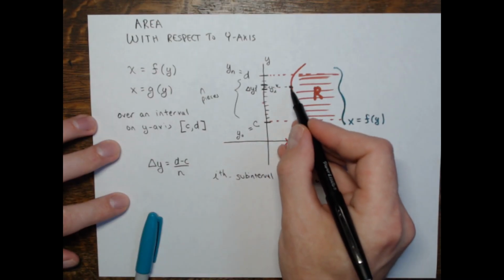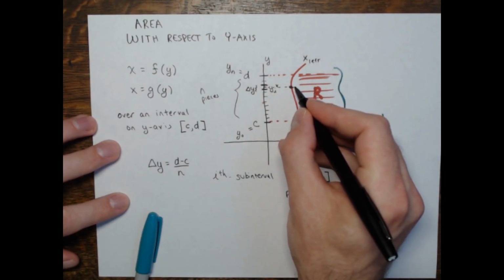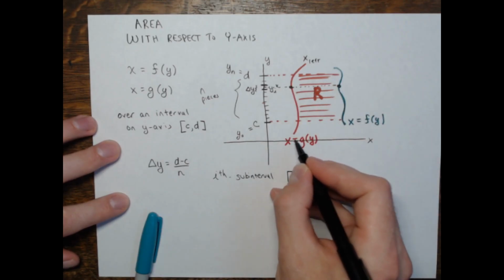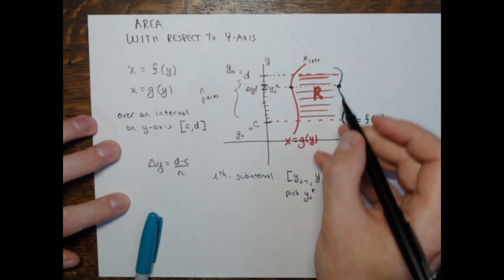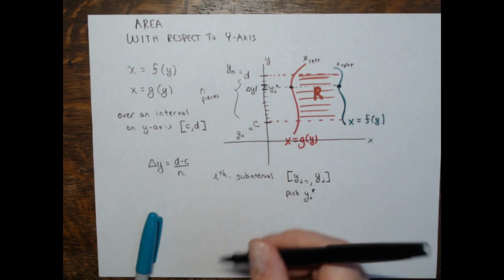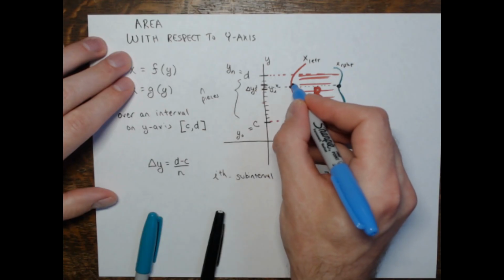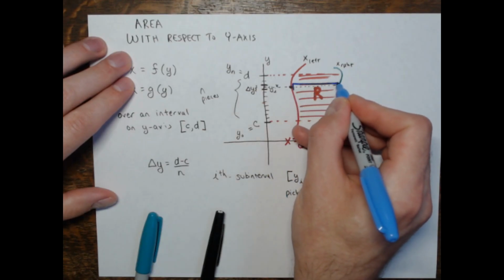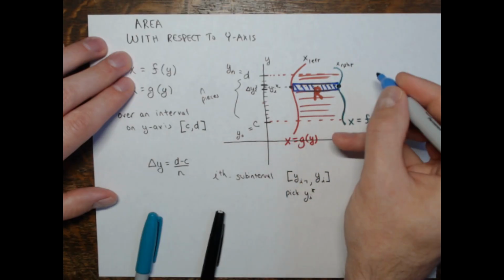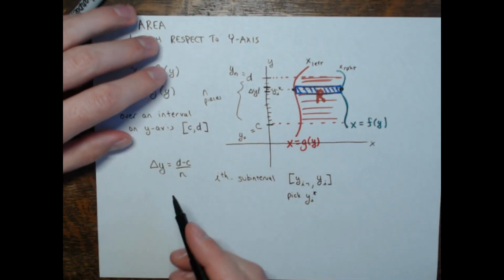So the x on the left, we'll call this x left. And then on the other curve, we get this x coordinate, x right. And create a little rectangle with a height of delta y, and that is the width to estimate the area between the curves. And then we would do that for every single piece and add them up.